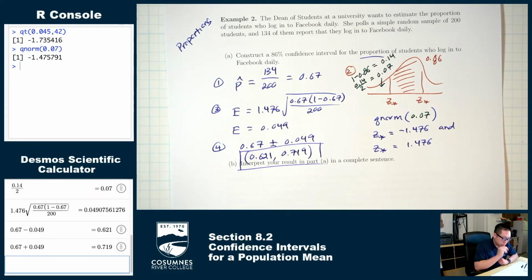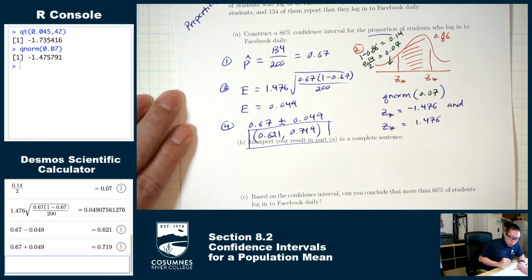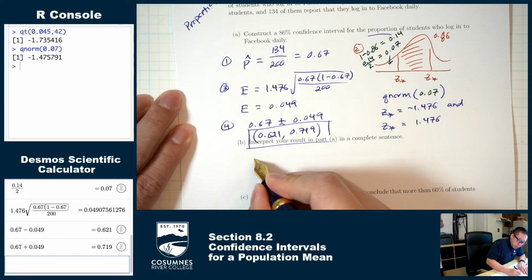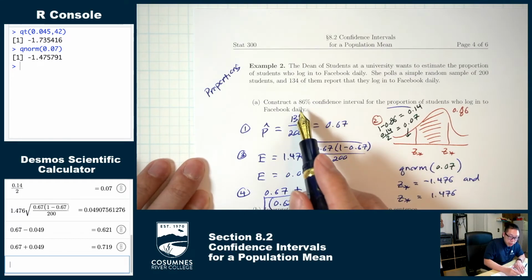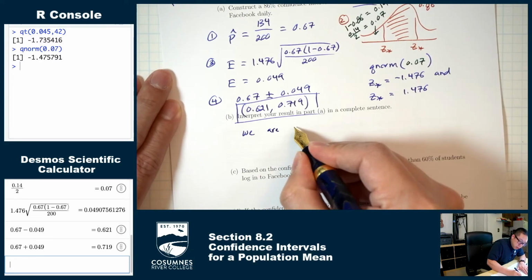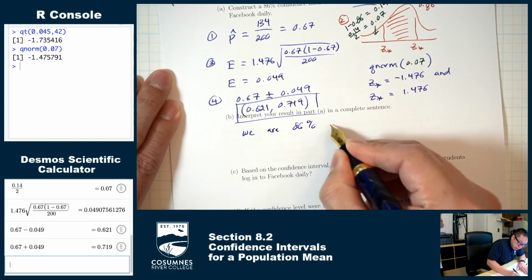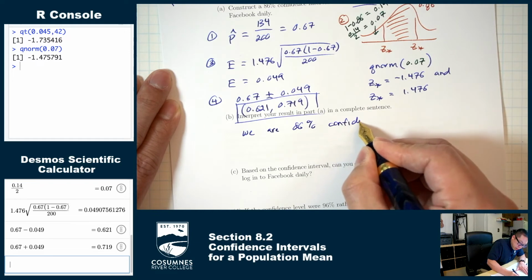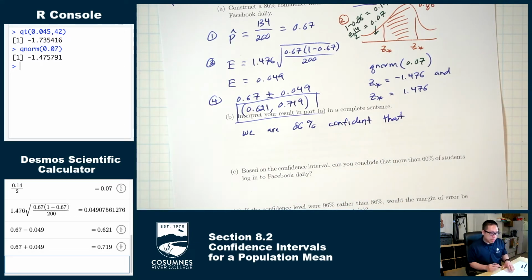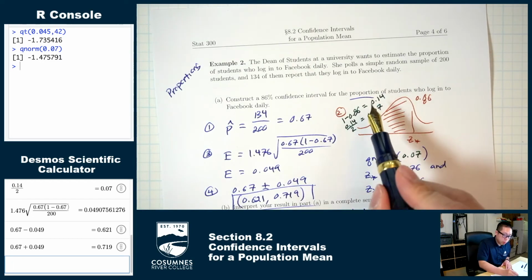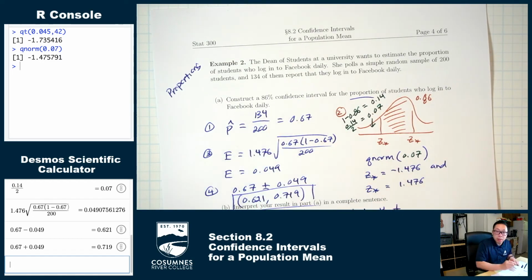Part B, interpret your results in part A in a complete sentence. Same sentence you write on all of these. State your confidence level. In our case, it's 86% confident. What are we talking about here? We're talking about the proportion of students who log into Facebook daily.